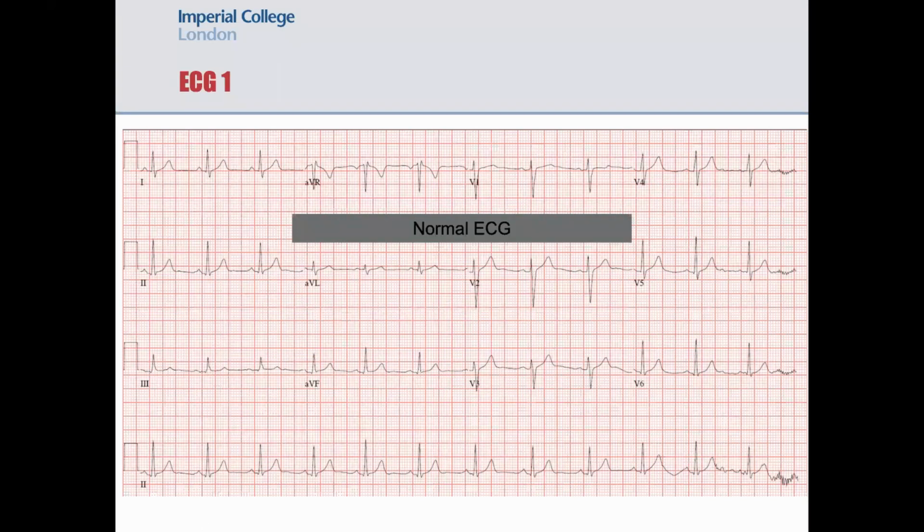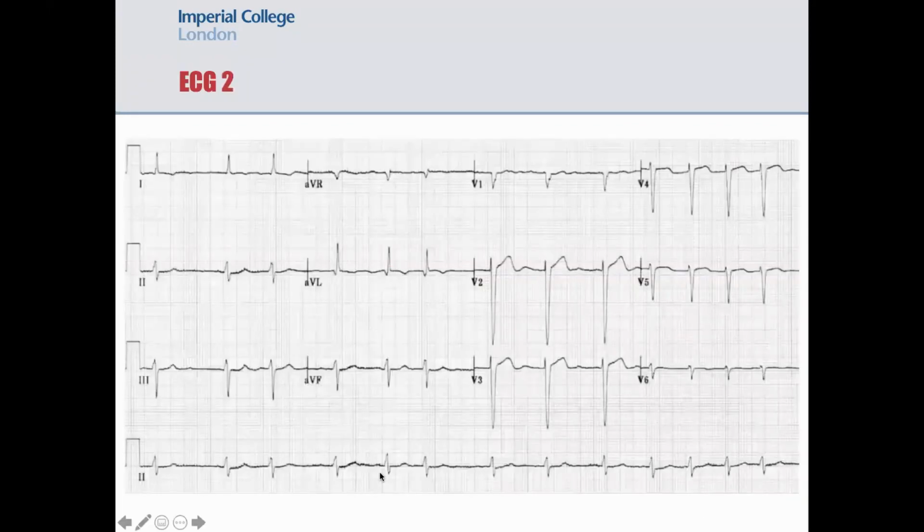Okay, so if we go on to the next one. With this one, can anyone write down anything that you can spot that's abnormal on there?